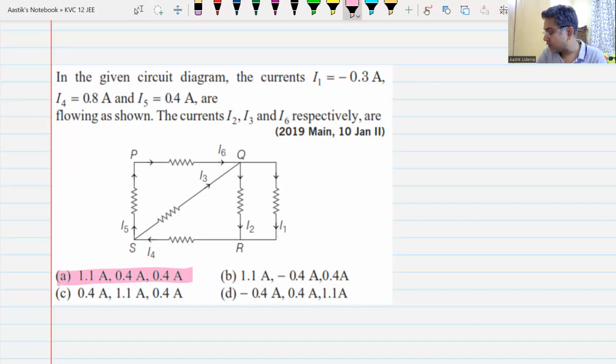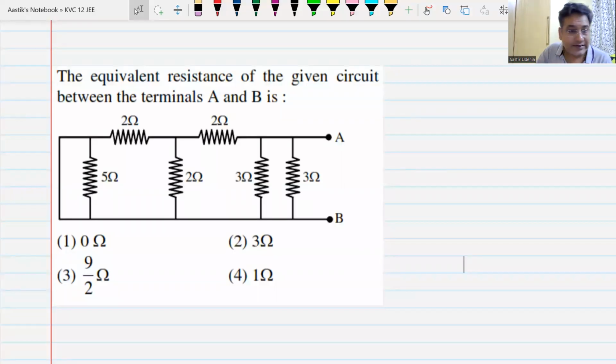Now it's a very simple question and I'm expecting a very simple answer quickly enough. The equivalent resistance of the circuit given between the points A and B is how much? I'll give you 2 minutes to do it. Remember, all these questions are from your previous years.